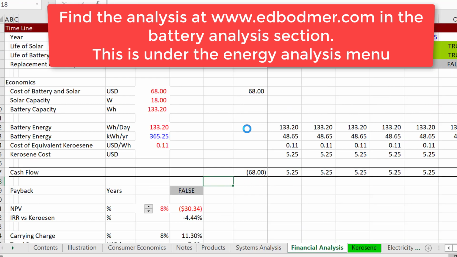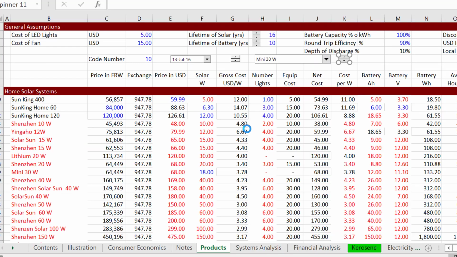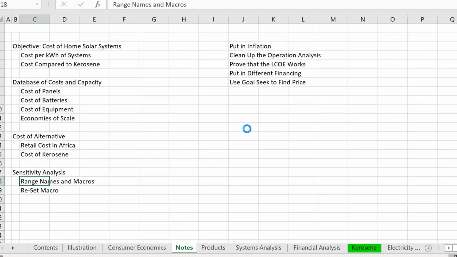We're going to take this financial analysis, and instead of making it this extremely simple thing with no inflation, no USD analysis, no debt, nothing like that, we're going to change it, and we're going to put in first some inflation.